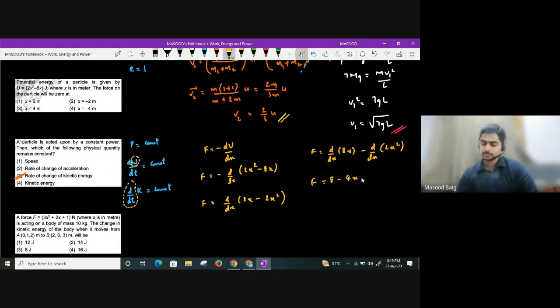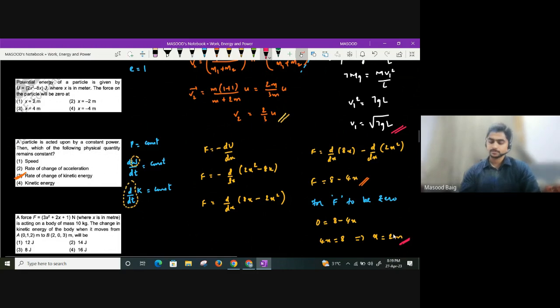So this is our force. For F to be 0, can I simply equate it to 0? 0 equals 8 minus 4x, so 4x equals 8, which implies x is 2 meters.